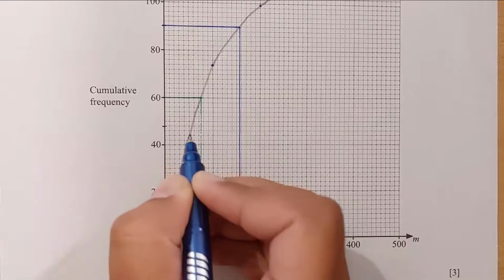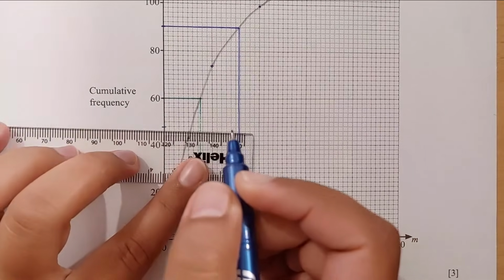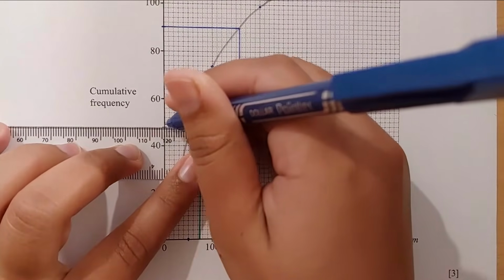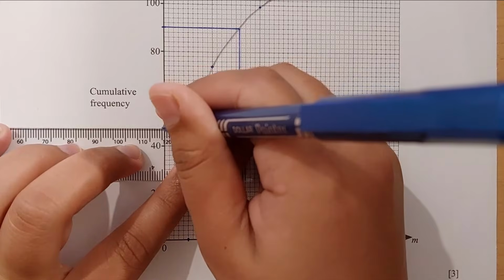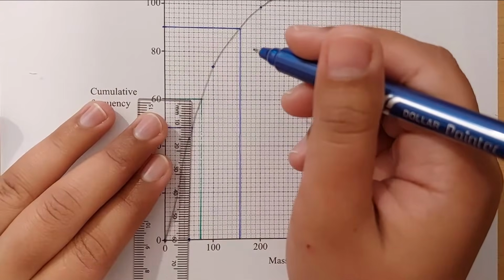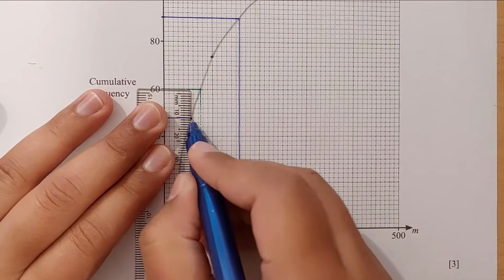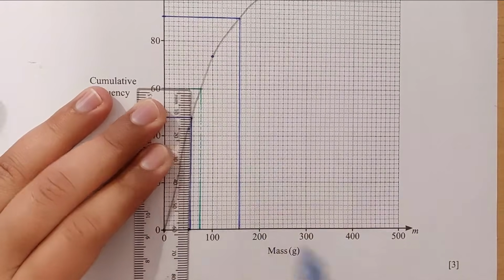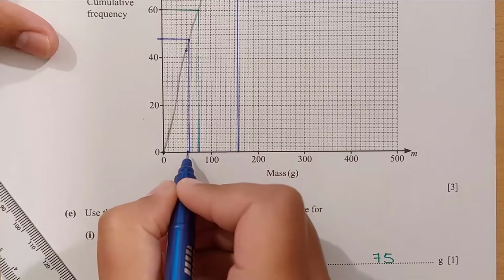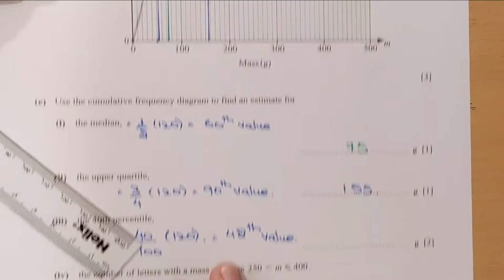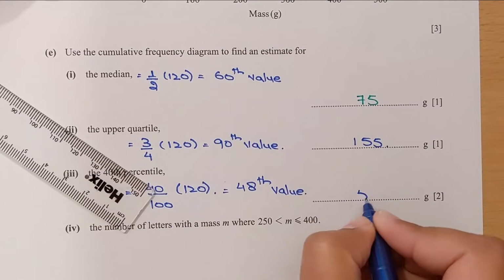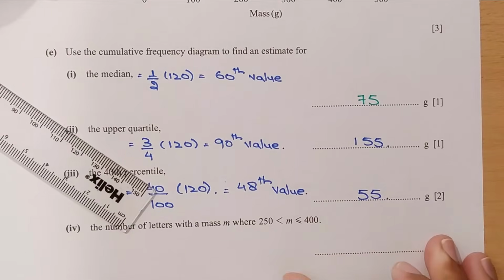This is 48. Now from the 48th value, moving down to the curve, you can see this is 50 and this is 55. So we can say that the 40th percentile is 55 grams.